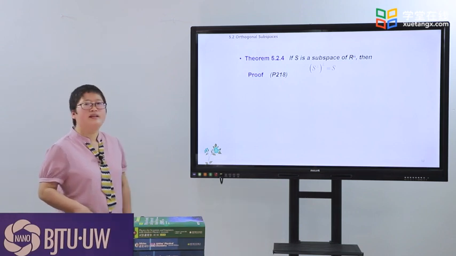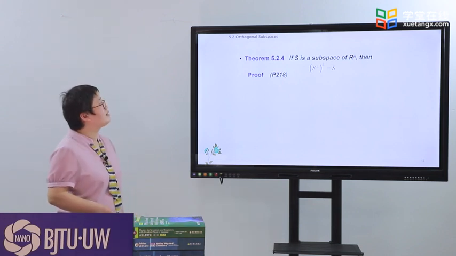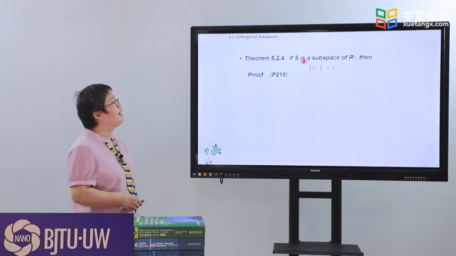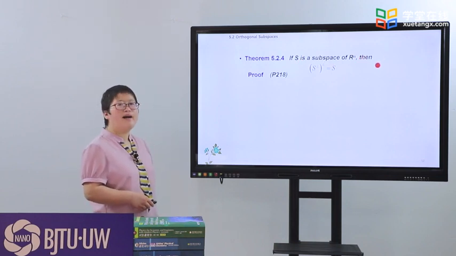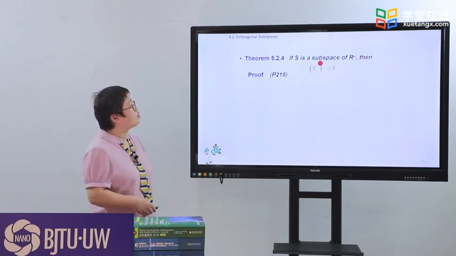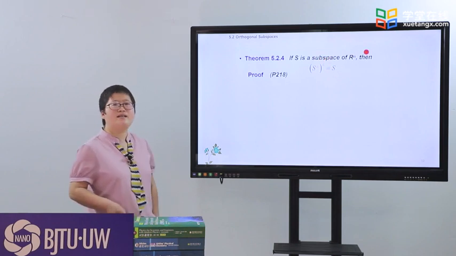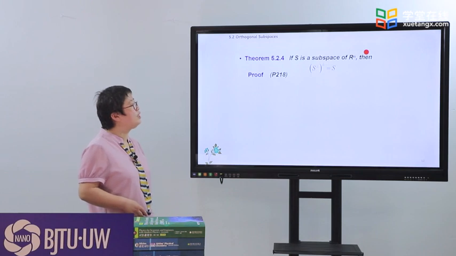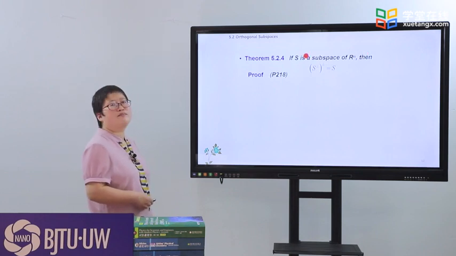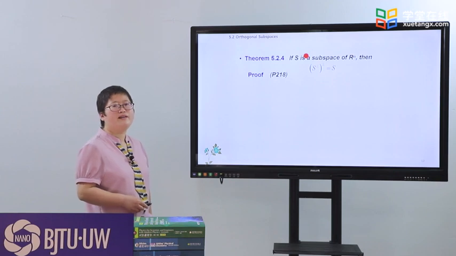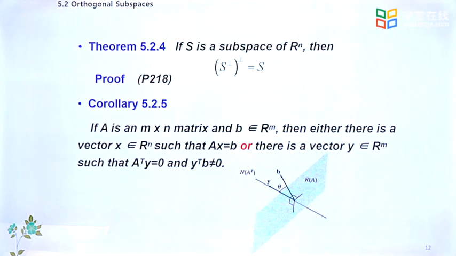Now we consider theorem 5.2.4. If S is a subspace of R^n, then the orthogonal complement of S orthogonal complement equals S itself. This can be shown easily; you can just see it in the textbook, page 280. And we have this corollary 5.2.5.